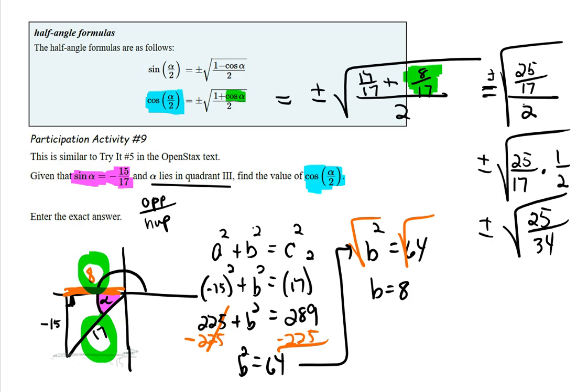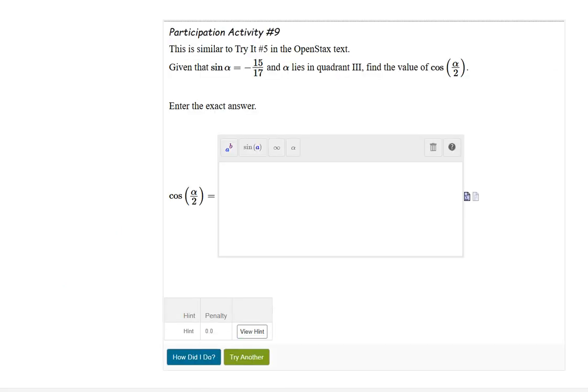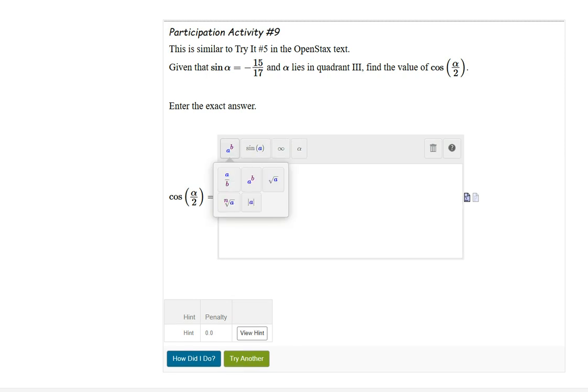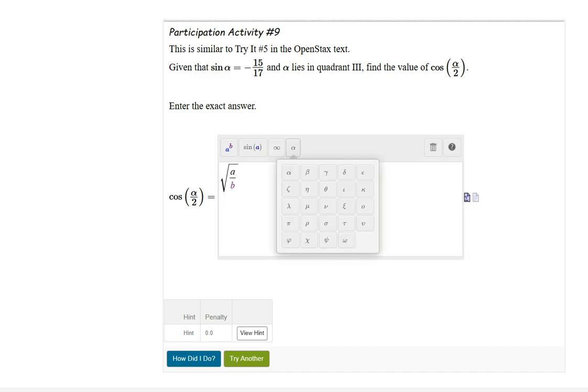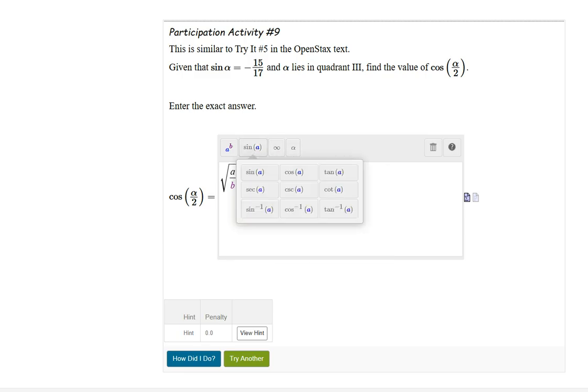It says type an exact answer. Do they want me to simplify that? They're not telling me to simplify it. Let's see. I need a square root, and then under the square root, I need a fraction. Oh, wait, I need the plus or minus symbol in front. Where is the plus or minus symbol? I don't see it.